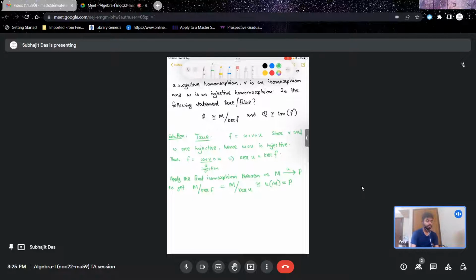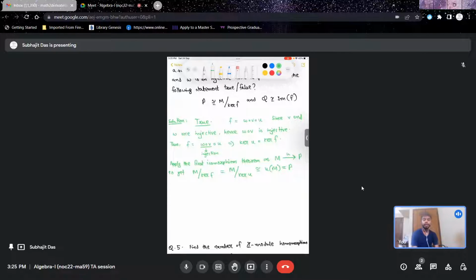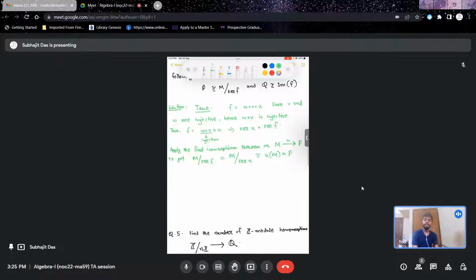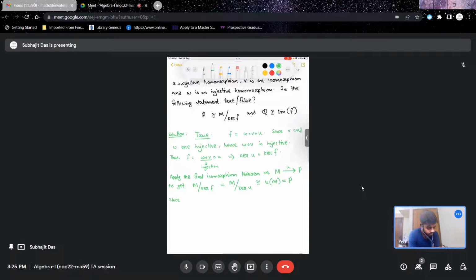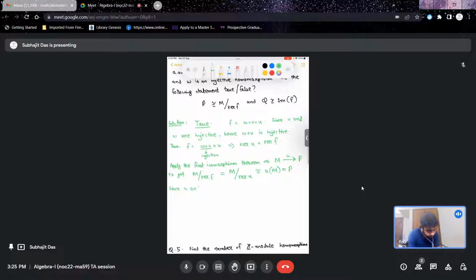And what about the other one, that Q is isomorphic to the image of F? Again we use the dual argument here. We did it for injections, now we do the same thing for surjections. Since U and V are surjective, hence V composed with U is surjective.